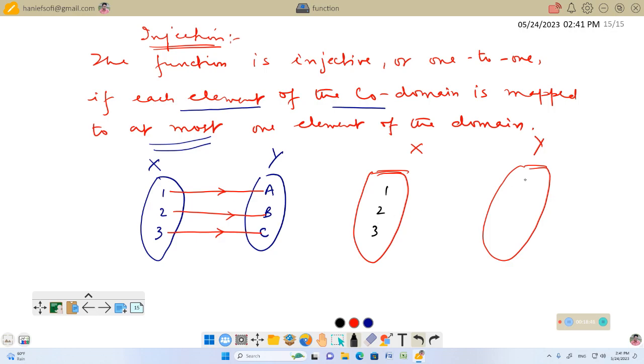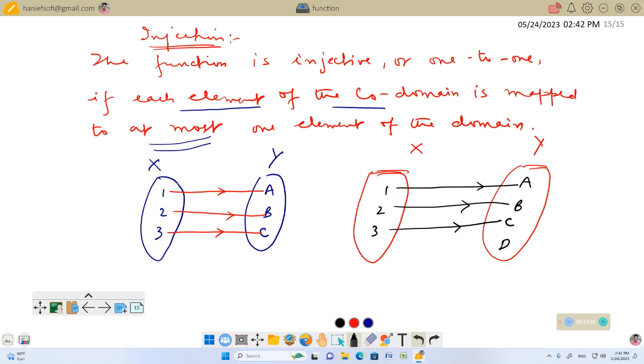Here I have A, B, C, and D, right? 1 is connected to A, 2 is connected to B, 3 is connected to C. Now we want to understand these functions. They are of course functions because there is no member of X which is left behind, and each member of X is connected to exactly one member of Y. So this is a function, this is also a function.